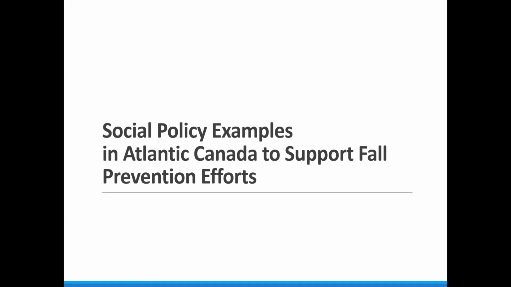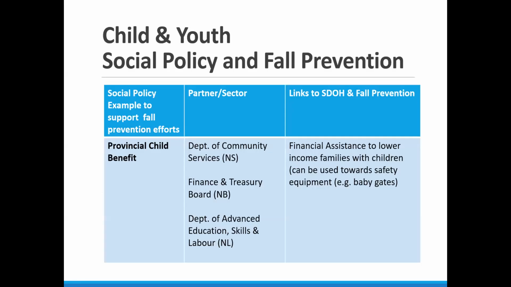Again, these are just some high-level examples, and we'll go through both some for children and youth as well as some for seniors. I'll go through the child and youth social policy and fall prevention charts that we put together. And again, this is very brief and high level.